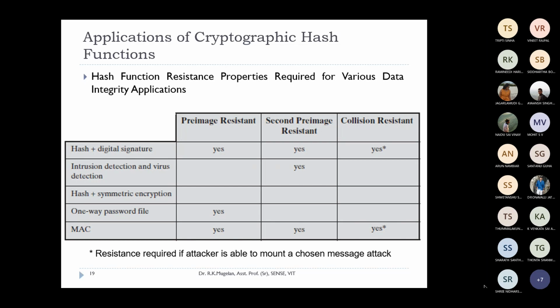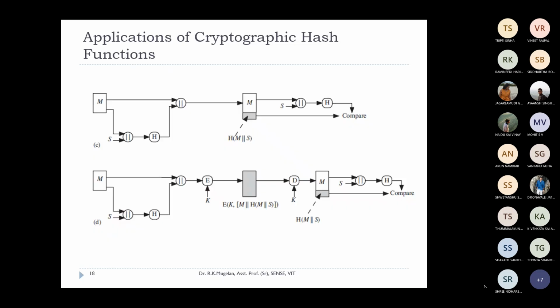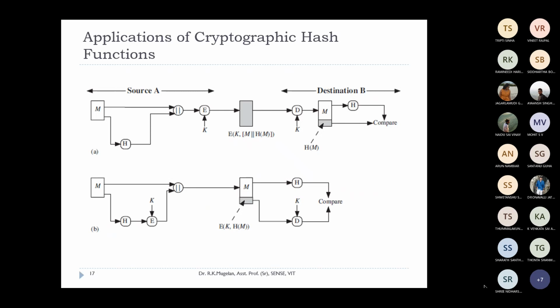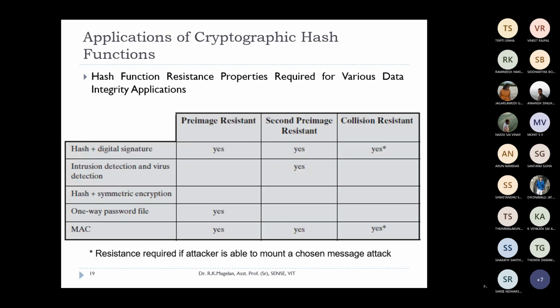Right. So last class we started our discussion on cryptographic hash function, and we concluded with different applications of cryptographic hash functions. In continuation with it, here are some of the applications which use cryptographic hash function, that is hashing along with the digital signature.